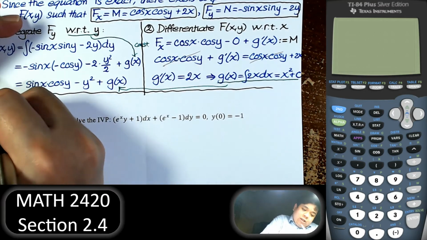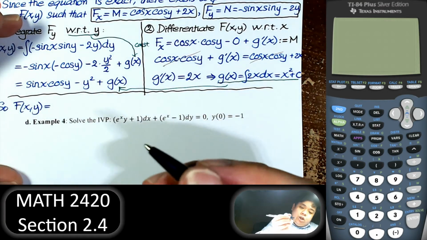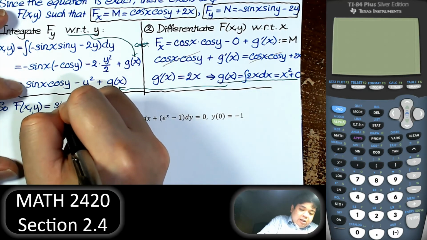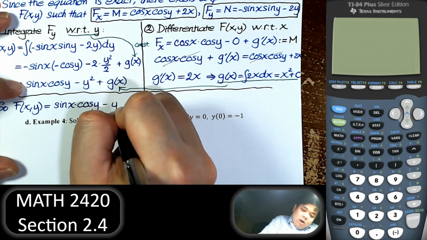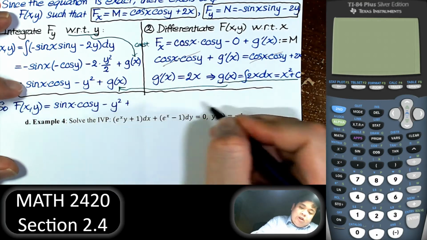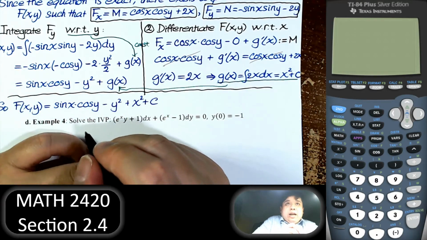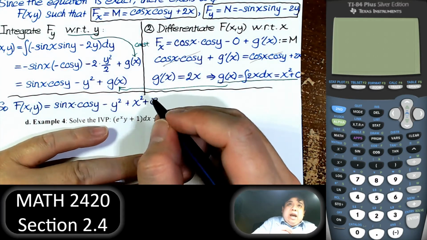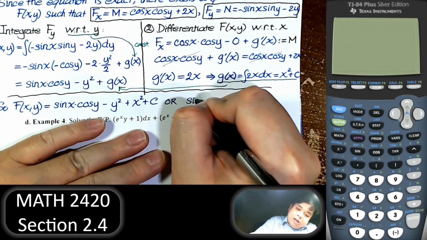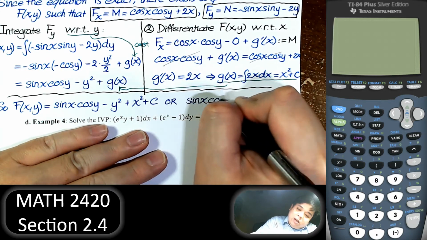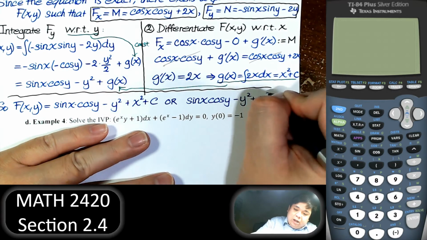So the solution is f of xy equal to sine x cosine y minus y squared plus g of x, which is x squared plus c. Or in differential equations, we write the solution as an implicit equation: sine x cosine y minus y squared plus x squared equal to c.